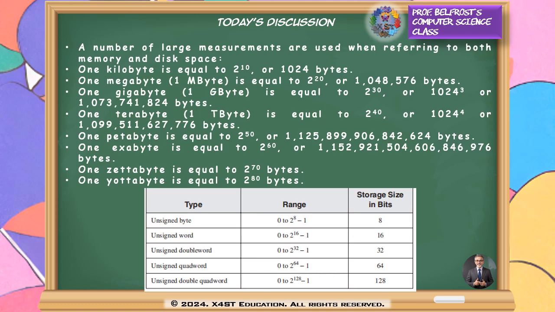Okay, so a number of units of measurement are used when referring to both memory and disk space. So we have kilobyte, megabyte, gigabyte, terabyte, petabyte, exabyte, zettabyte, yottabyte. I don't think that you need to memorize all these terms.